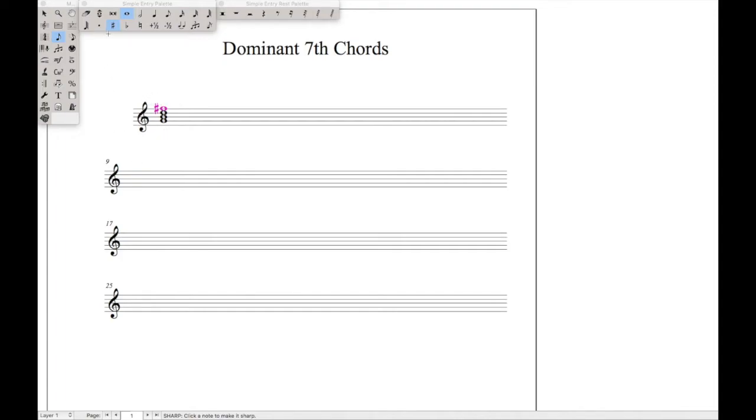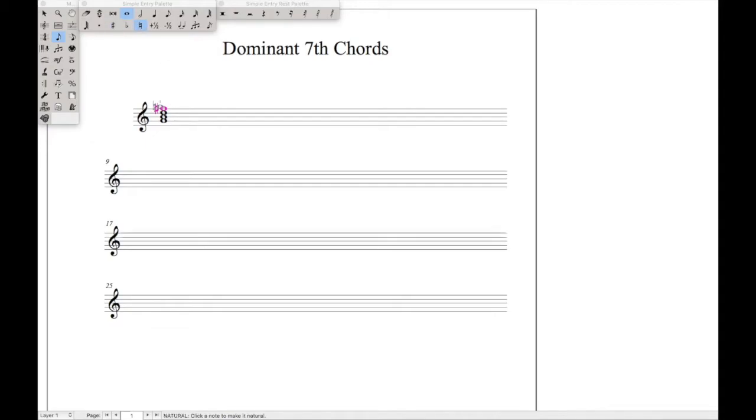But the interesting thing about dominant seventh chords is that they aren't the kind of chord we would get in the major key that the chord is built on. So we're expecting here, I'm in G, so I should have F sharps. But a dominant seventh chord does not work like that.